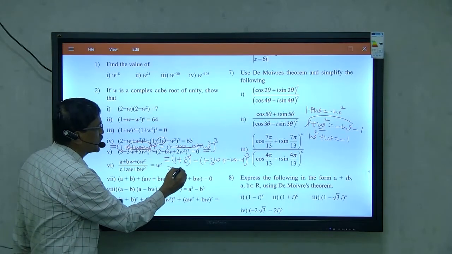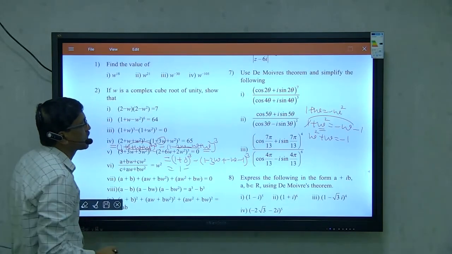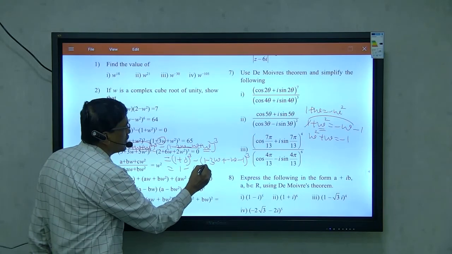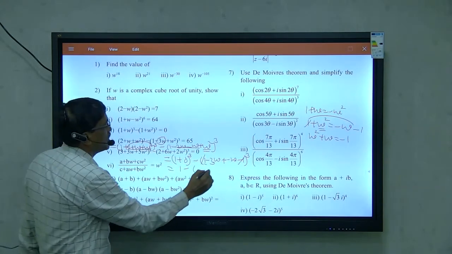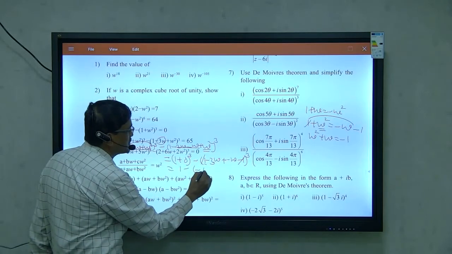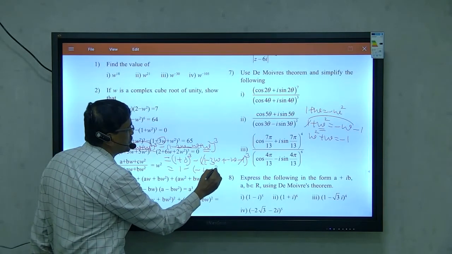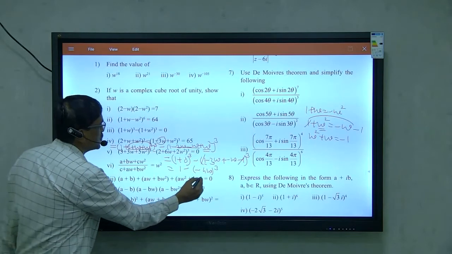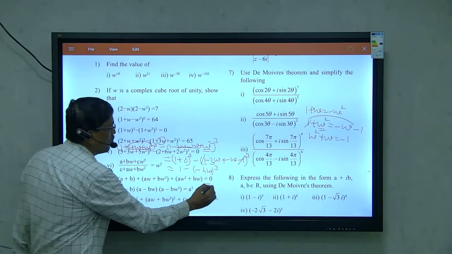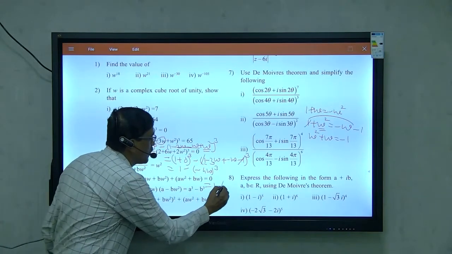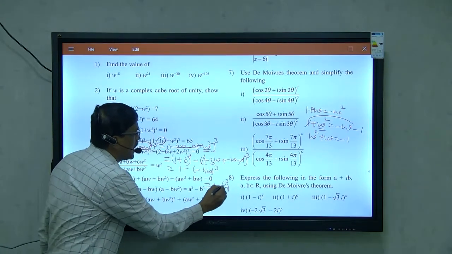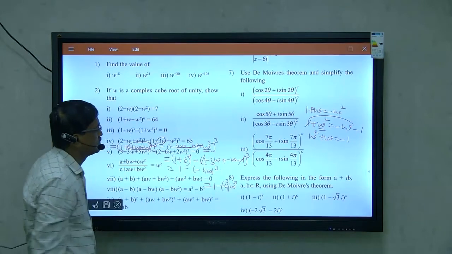1 plus 0 is 1, and 1 cube is 1, minus (1 minus 1, this becomes 0, minus 3 omega minus omega, it is minus 4 omega) bracket raised to 3. So this is equal to 1 minus (minus 4) cube omega cube.